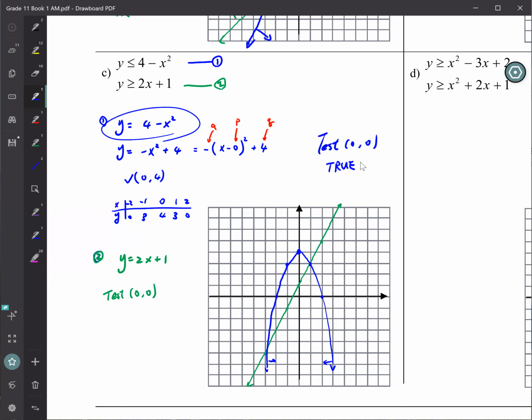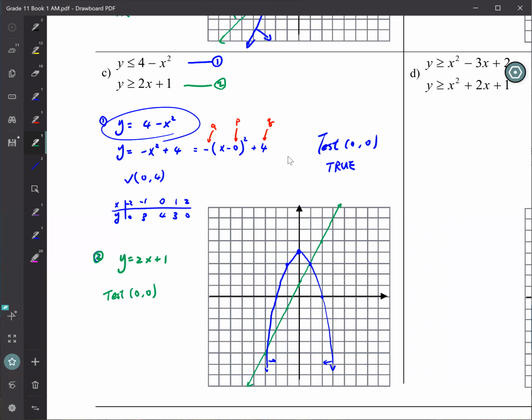Okay, for the green, Nathan, how far are you now? Which step? I'm just figuring out the stuff. Sorry. Okay. For the green line, I want to know true or false, Colin? False.